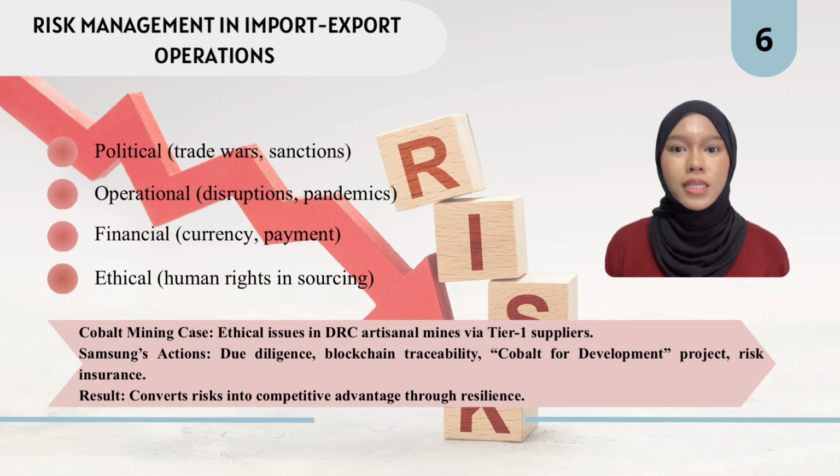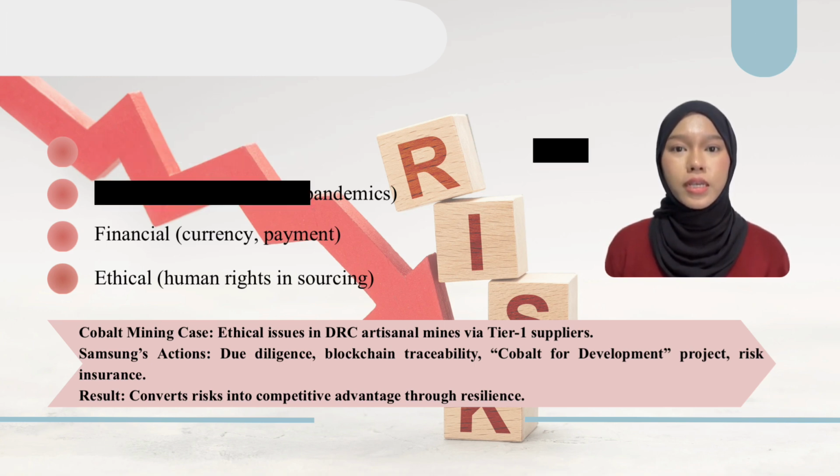To manage this, Samsung conducts better due diligence, uses blockchain for traceability, joins projects like the Cobalt for Development project, and buys risk insurance. All these efforts help turn potential reputational risk into a competitive advantage through better resilience and ethical sourcing.